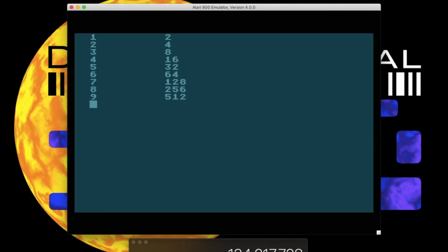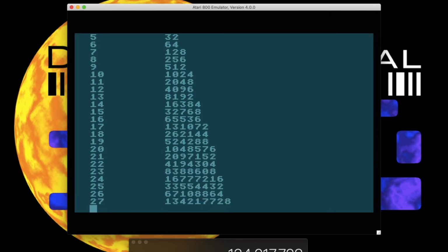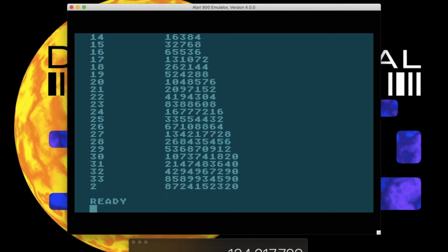So all this is just to figure out what the biggest number I can represent in Atari BASIC without an exponent. I don't think any of the documents will tell you that. Nope, I need a loop.